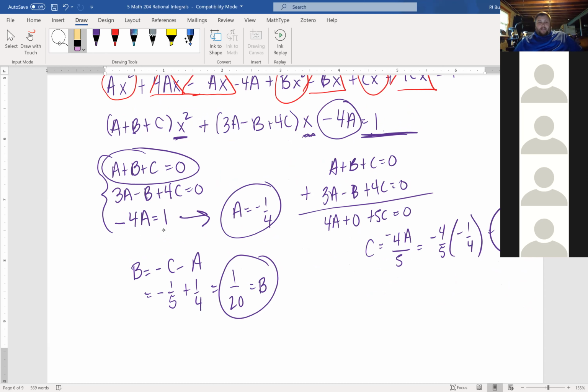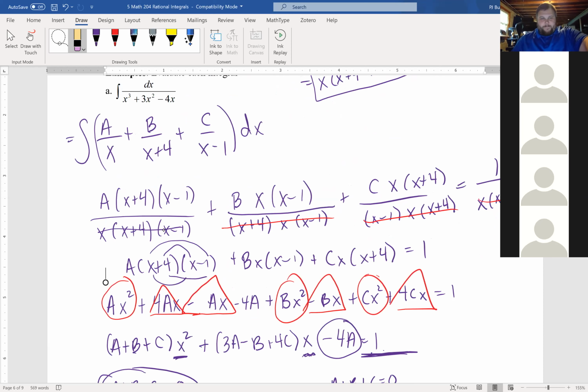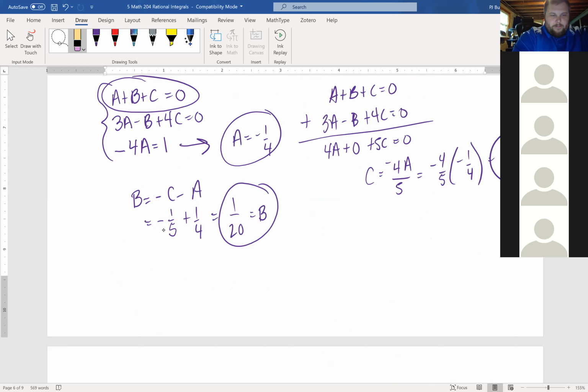So I'm sure you're sitting there going, man, it's an awful lot of algebra. I thought this was calculus class. Well, we can finally take those three things and plug them back in to what we had above, which was this integral up here. So that integral is now going to be a, which is minus 1/4, over x.